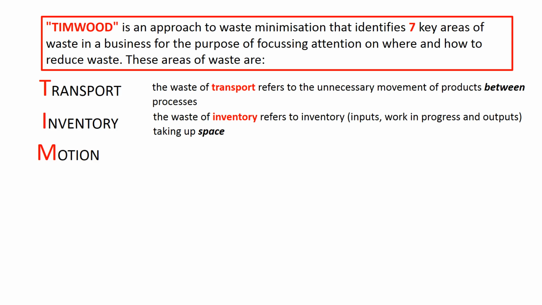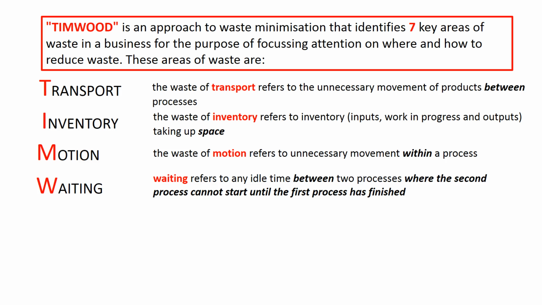Third, motion. The waste of motion refers to unnecessary movement within a process. Fourth, waiting. Waiting refers to any idle time between two processes, where the second process can't start until the first process has finished.